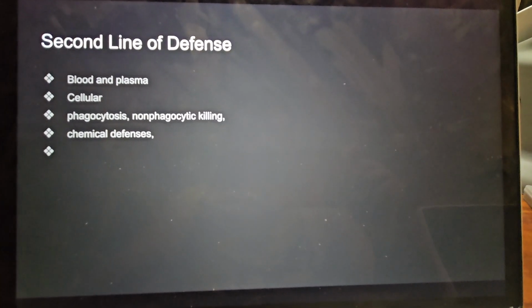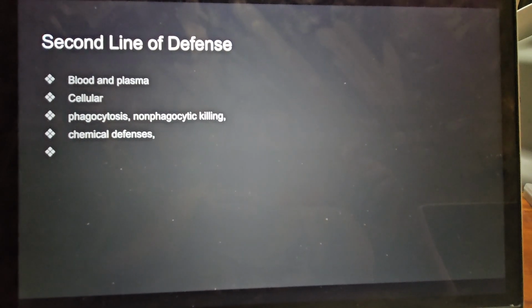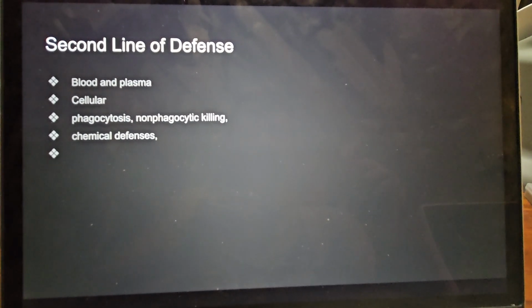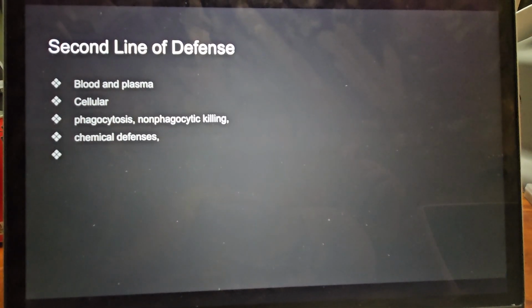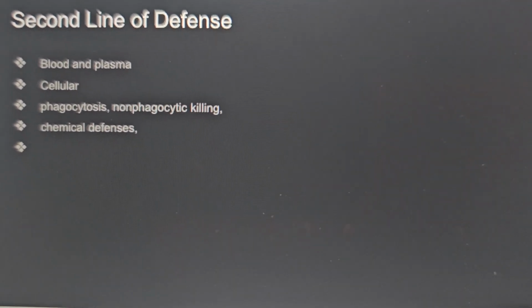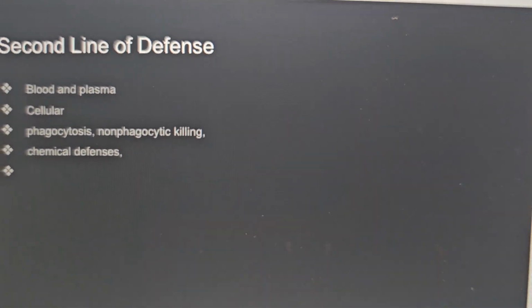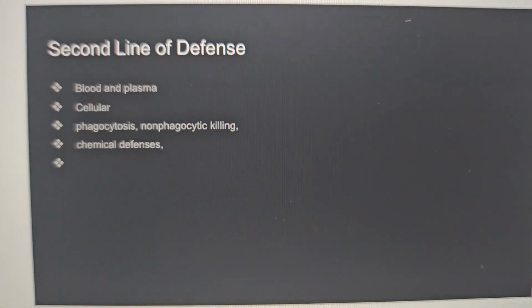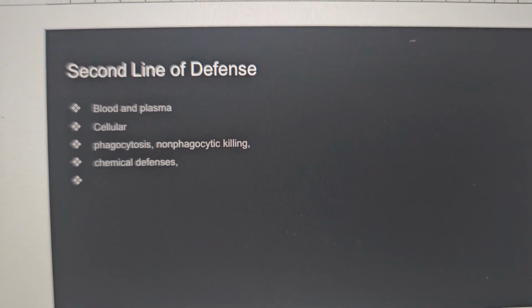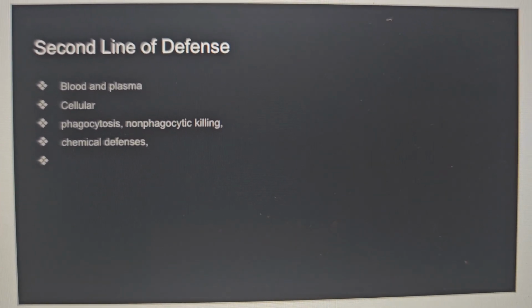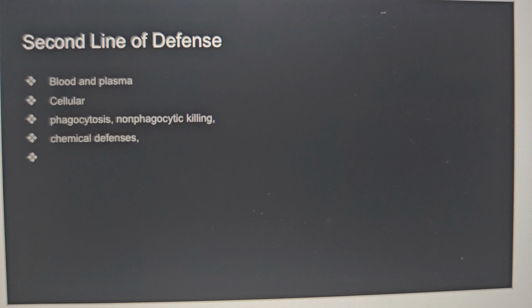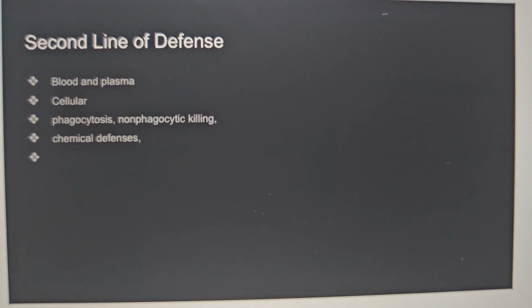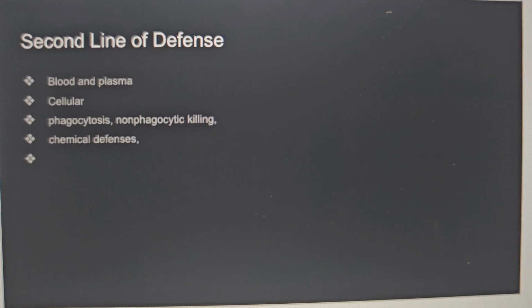The second line of defense is blood and plasma. These are highly created defenses against pathogens. They contain nutrients for the body to use and to help it fight infections, mainly by increasing the intake of iron through transferrins, which is needed for bacteria to follow their process of reproduction.